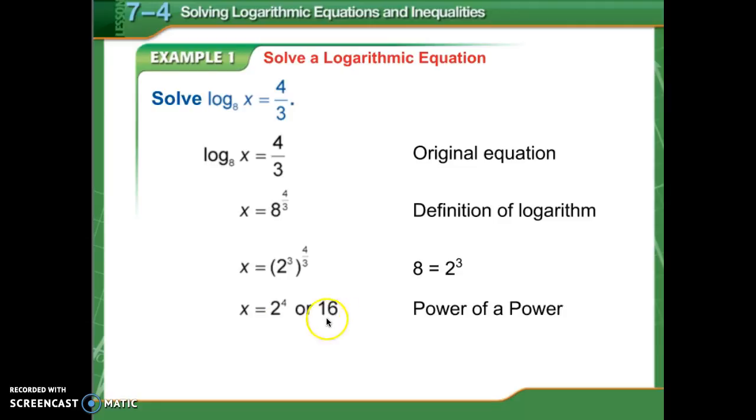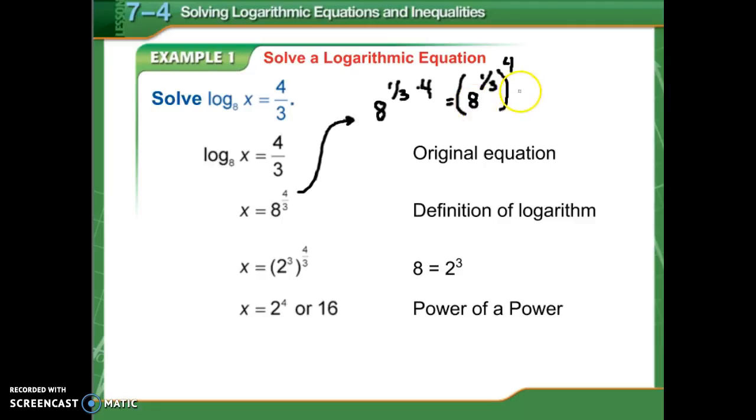Another way of thinking about this, I'll write over here on the side, is that 8 to the 4/3 is the same thing as 8 to the 1/3 times 4. And if that's true, then what we can do is do 8 to the 1/3 in parentheses first, and then raise it to the 4th power.